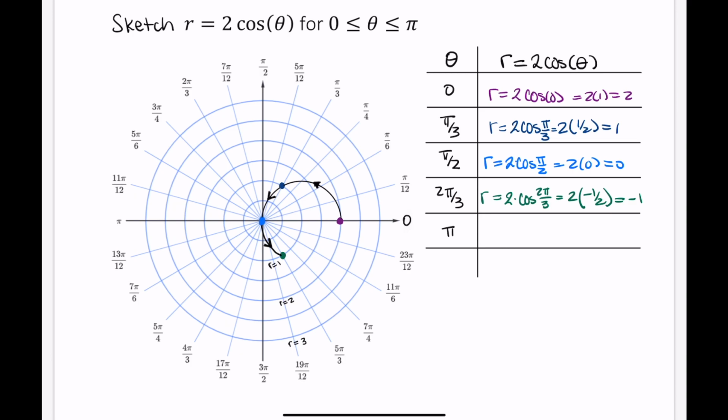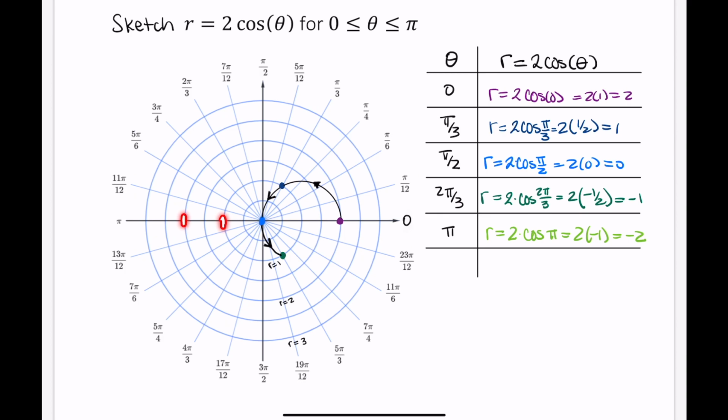And now let's do the last point. That is an angle of pi. So r equals 2 times cosine of pi. So that's 2 times negative 1, which is negative 2. So at an angle of pi, which is this angle here, we want a radius of negative 2.